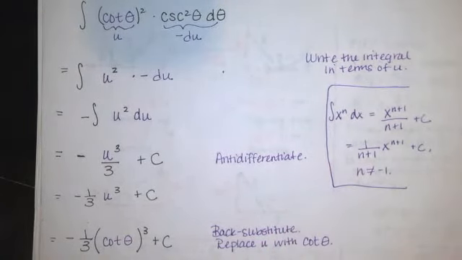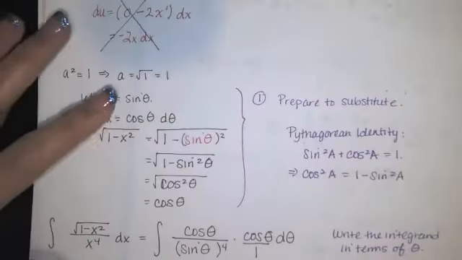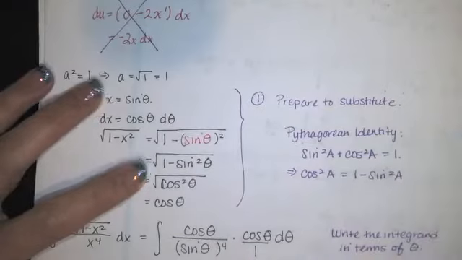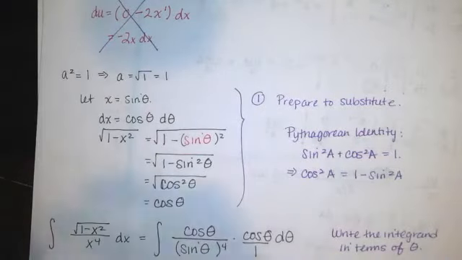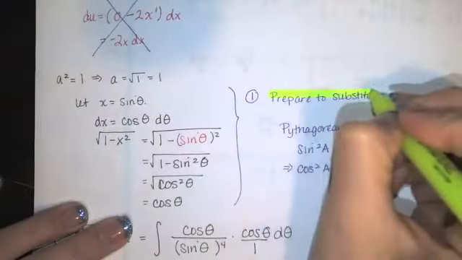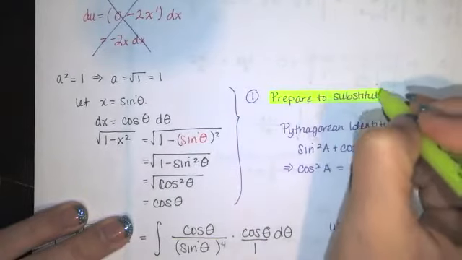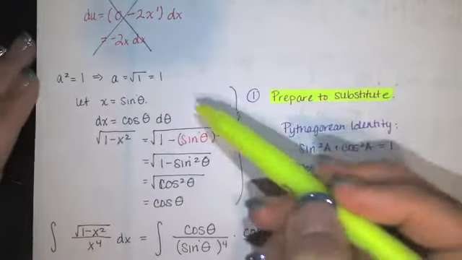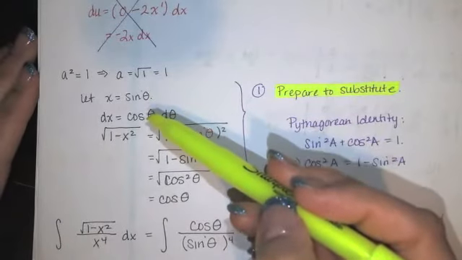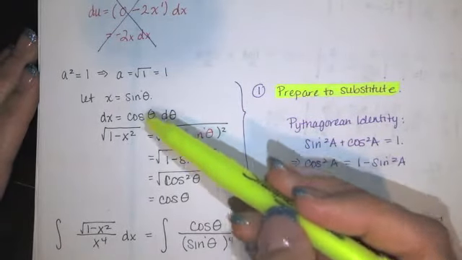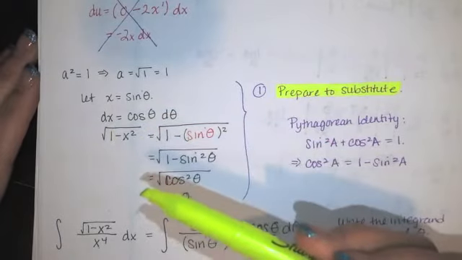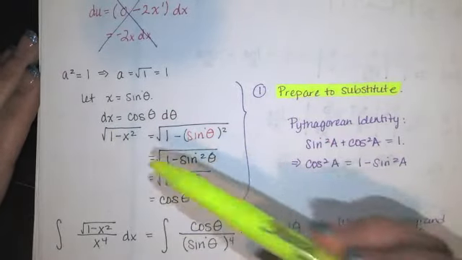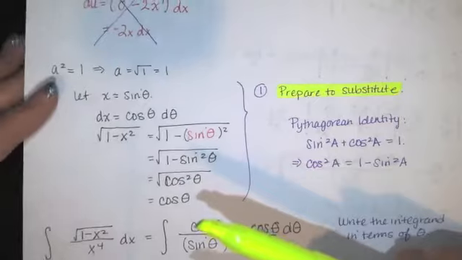All right. So I know it's a lot of steps, but I want you to think about the big picture here. As far as our trigonometric substitution is concerned, we started by preparing to substitute. And then after we prepared to substitute by identifying x, or defining x, excuse me, computing dx, and then simplifying the square root of 1 minus x squared, or in general, a squared minus x squared.